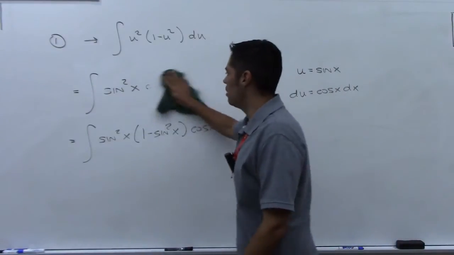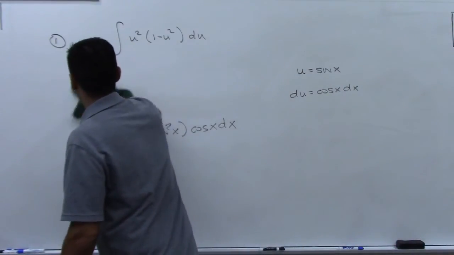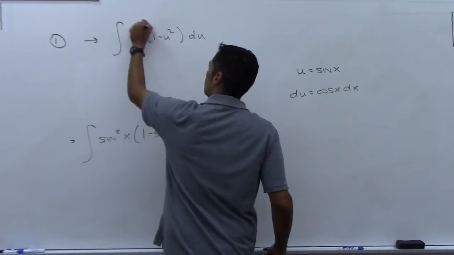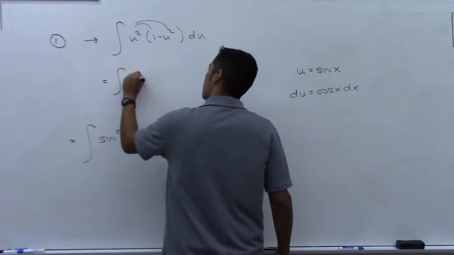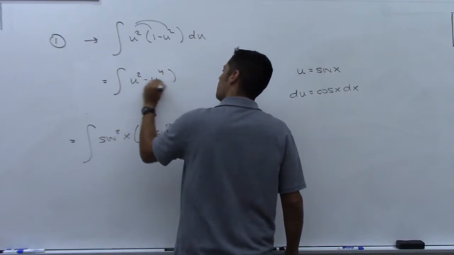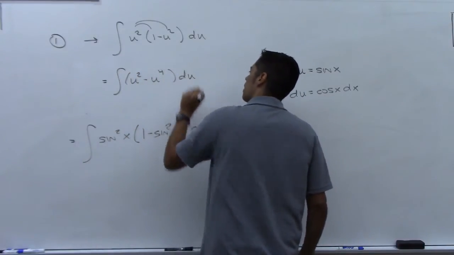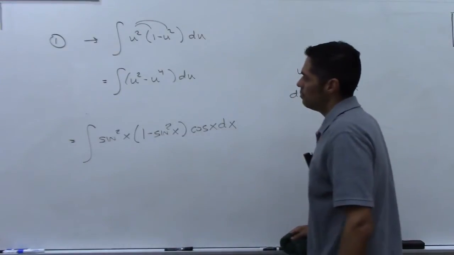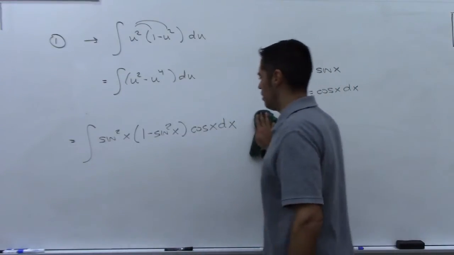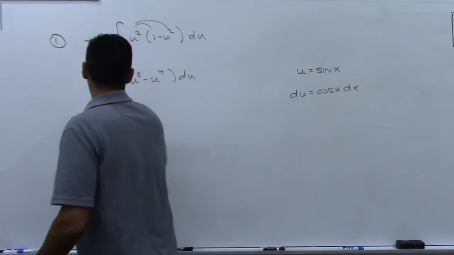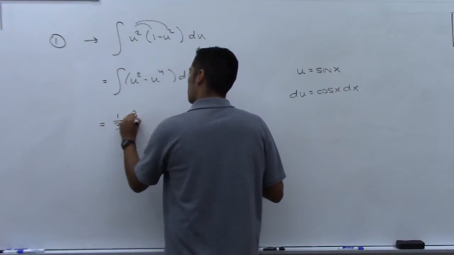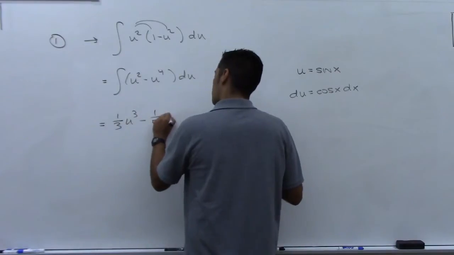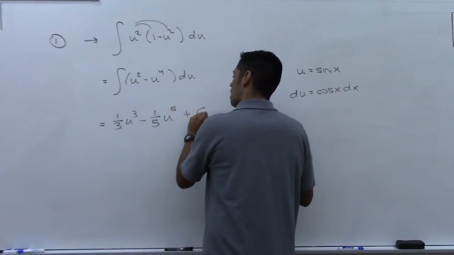And now this is just a polynomial in u. So I can distribute the u squared through to remove the parentheses: u squared minus u to the 4th du. Then I integrate those term by term using the power rule. The antiderivative now is 1/3 u cubed minus 1/5 u to the 5th plus some constant.